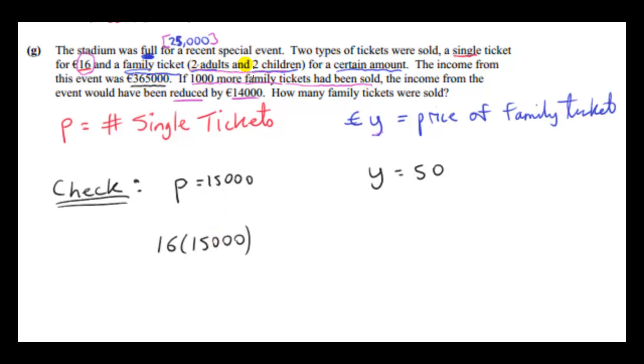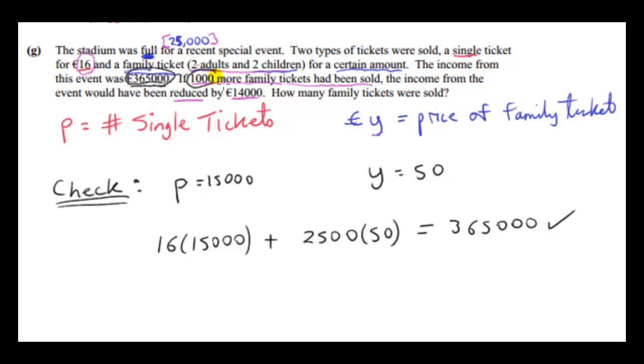So we divide 10,000 by 4 to get the number of family tickets. 10,000 divided by 4 is 2,500. So 2,500 family tickets were sold at 50 euros each. So if we work this out, we should get 365,000. That checks out.